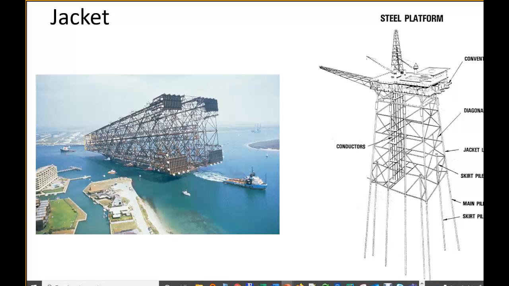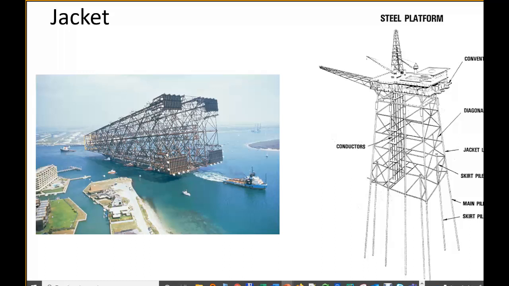Usually jackets are used for low water depth and for dry Christmas trees. So the wells are drilled just like onshore, but they have to go through this water layer and then reach the formation. Conductor, surface, intermediate casing, production casing, they all go all the way to the deck. So it's just like an onshore well, but drilled from a steel platform.